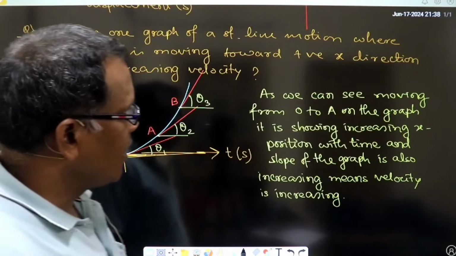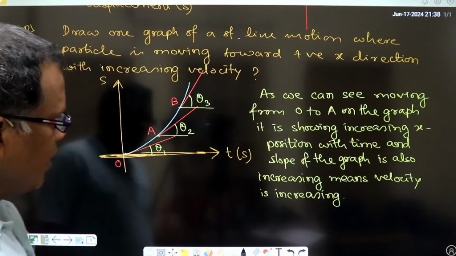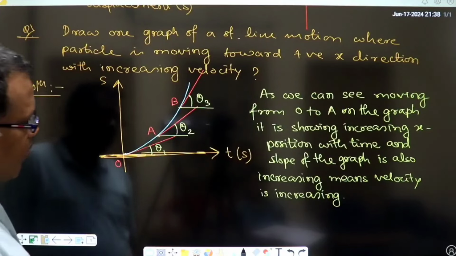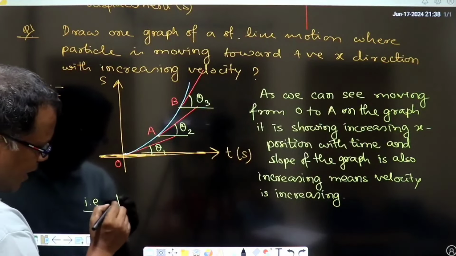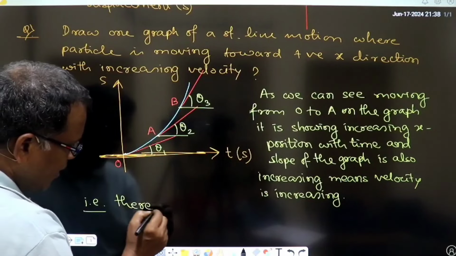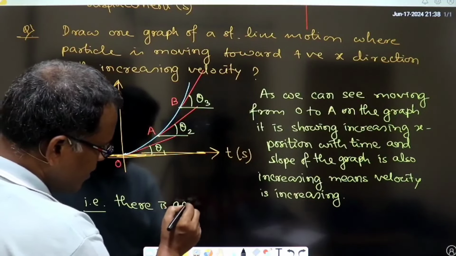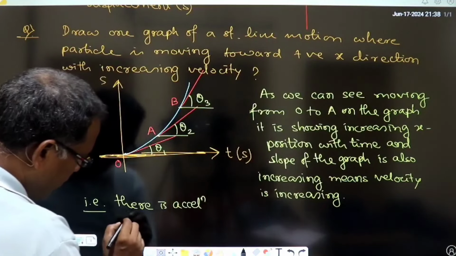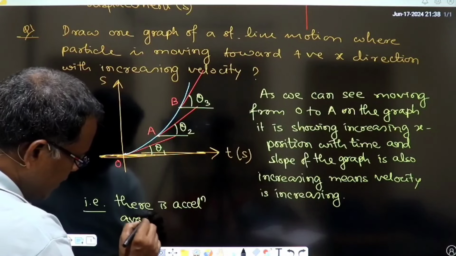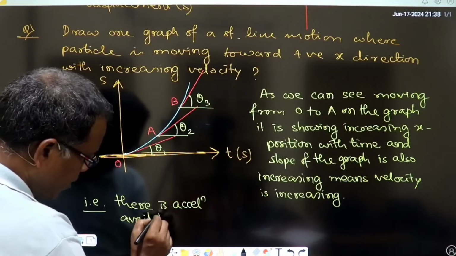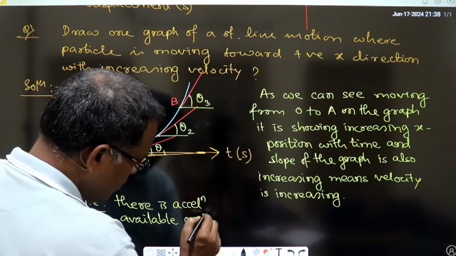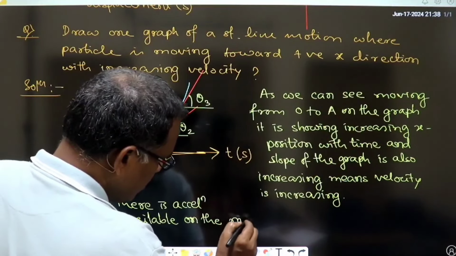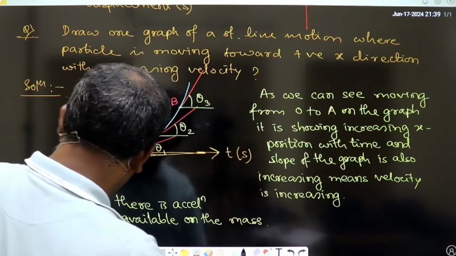So this shows that a particle is moving with increasing velocity. Overall, we can say there is acceleration available on the mass, right?